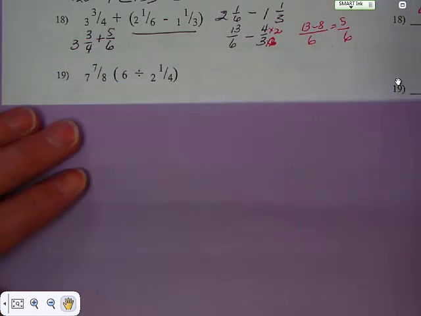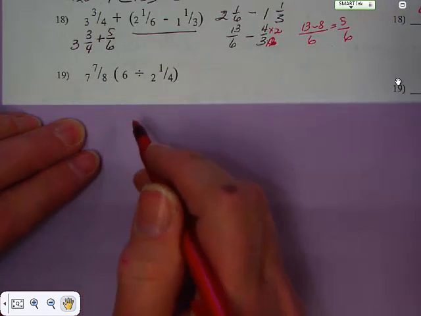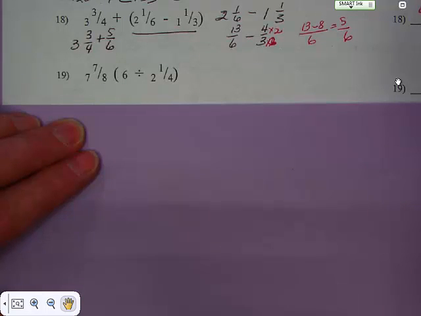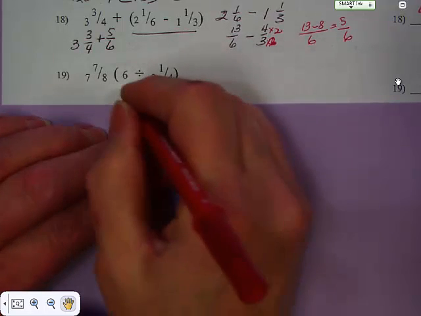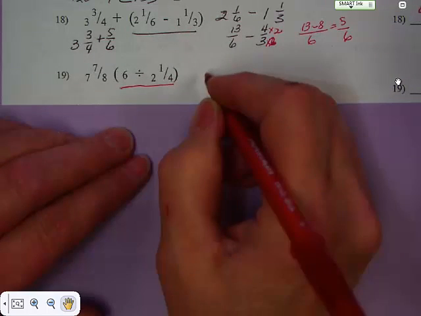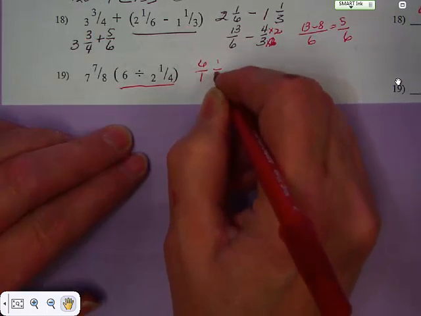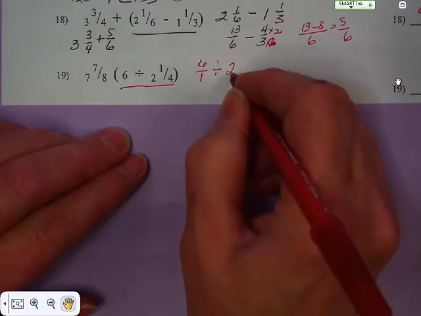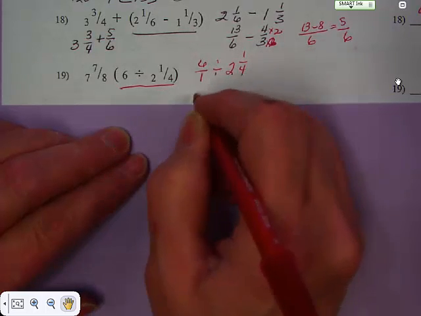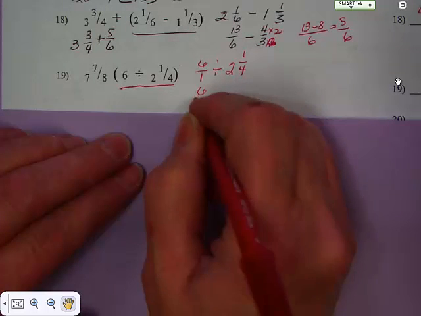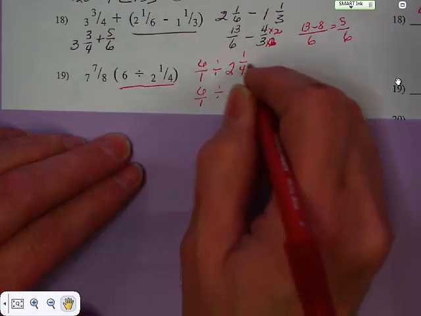All right, number 19. Number 19 is 7 7/8 times 6 divided by 2 1/4. So, again, it's pretty well telling us what we have to do first. So we have 6 over 1 divided by 2 1/4, or 6 over 1 divided by 9/4.